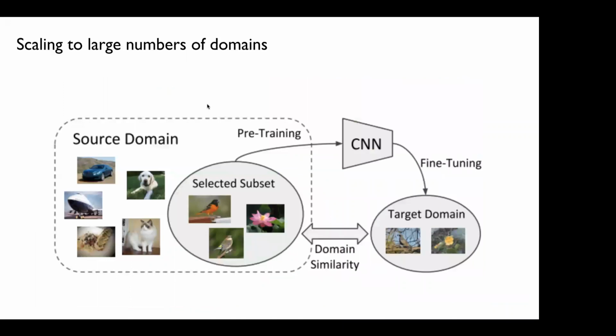Another thing that has to do with scaling to large numbers of domains is the concept of domain similarity. At first, if you're looking at very diverse fine-grained data sets like flowers or airplanes, they have very little to do with one another. But if you have collected a very large data set of birds, and then you go on to Lepidoptera, which is moths and butterflies, it could be that the pre-trained network for one is very useful for the other, although it may still need quite a bit of fine-tuning.